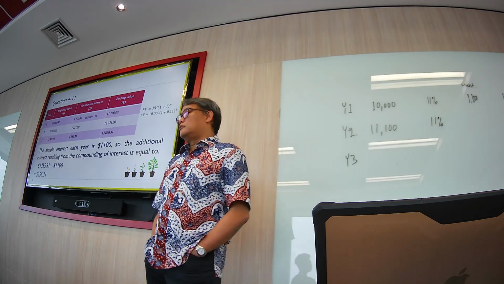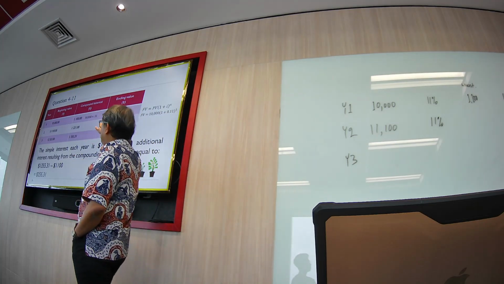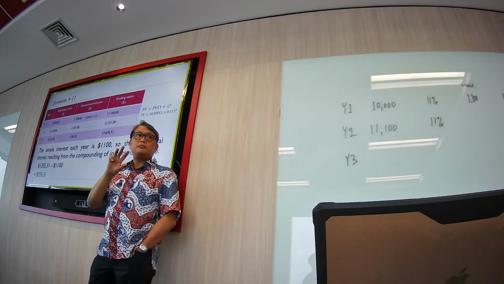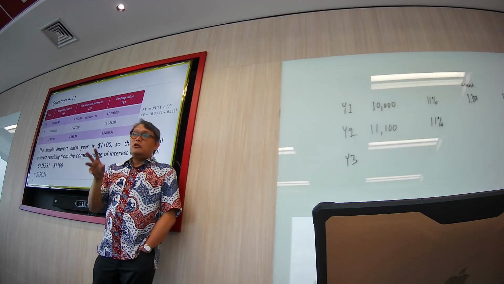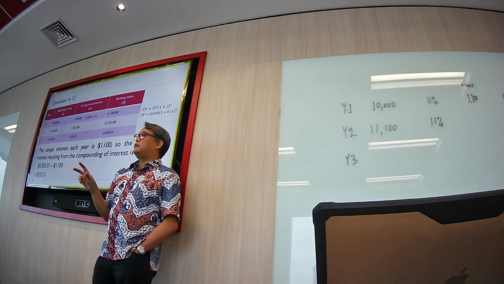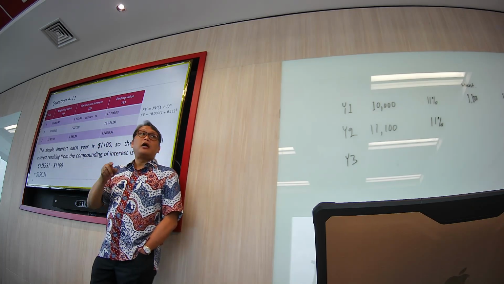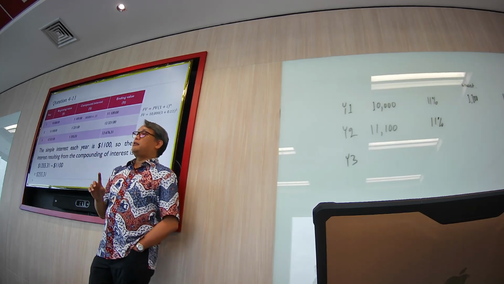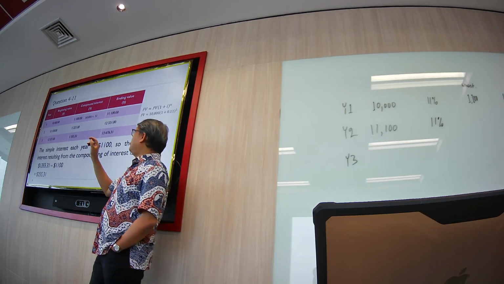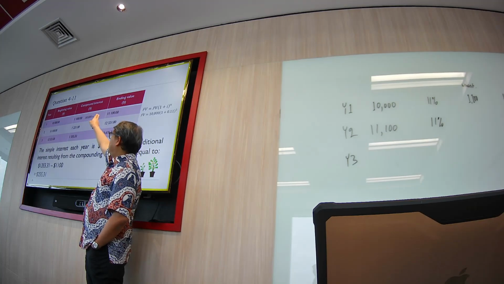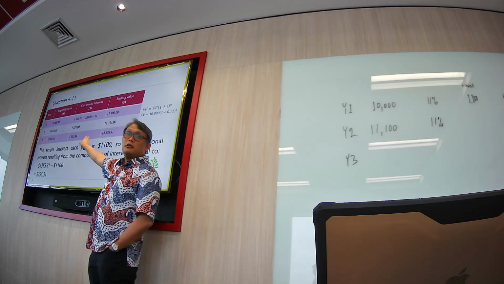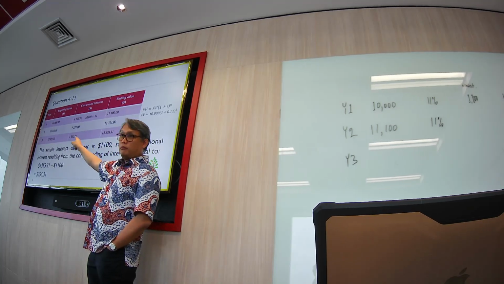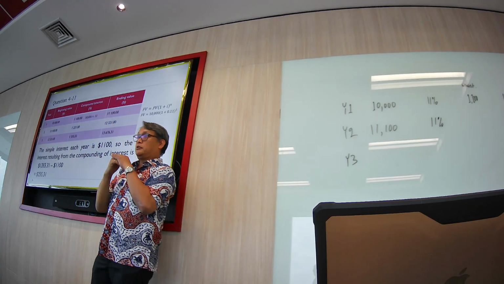Is that understood? Yeah. So simple interest means that you never get interest on interest. Simple interest is practically your initial value times the 11%, so you have 1,100 US dollar per year. The total compounded interest is 1,355.31 in 3 years.